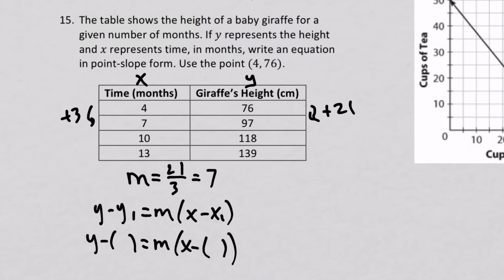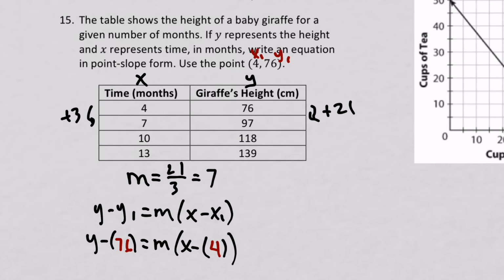Okay, so for that point, what you need to do is label it. This is x sub 1 and this is y sub 1. So for x sub 1 I'm going to plug in 4, and for y sub 1 I'm going to plug in 76. Okay.